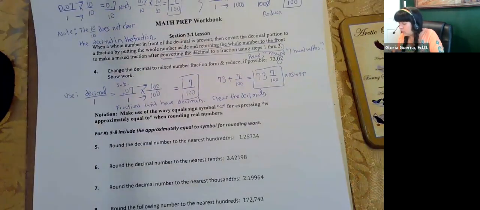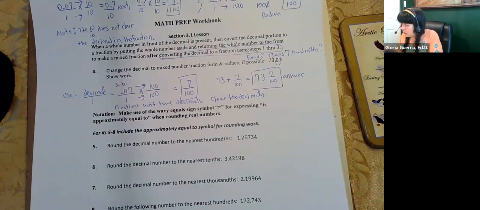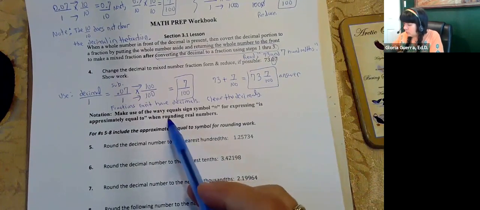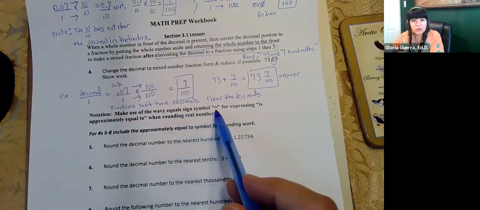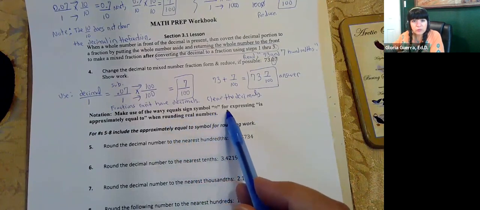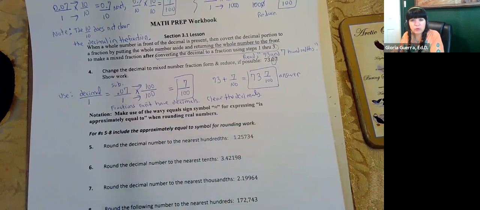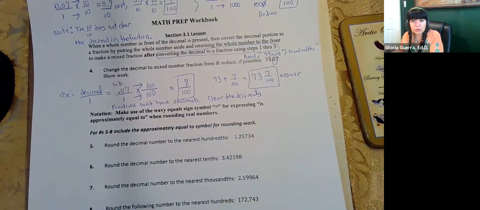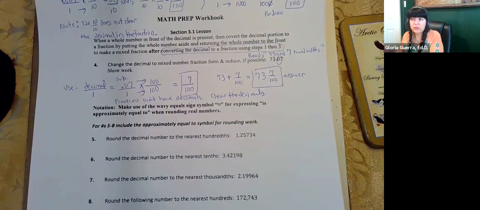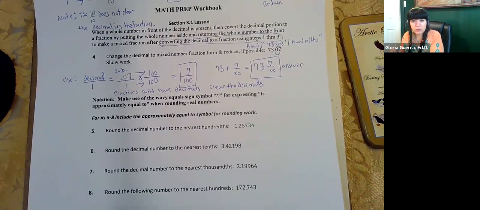Okay, now we're getting to rounding. Remember that they want you to make use of the wavy lines. See these approximately equal to wavy lines for expressing approximately equal to when you're rounding numbers. That's a courtesy to the reader to let you know that it didn't end up exactly like that. You did some rounding work.